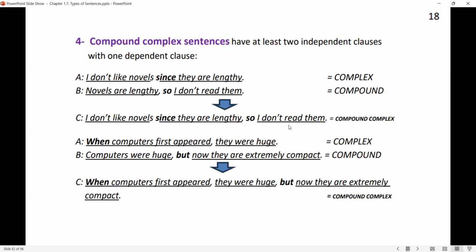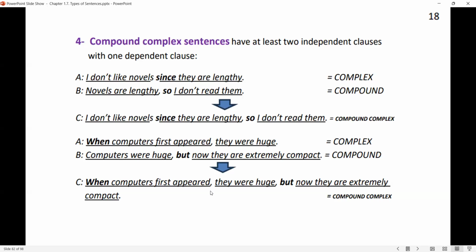We practiced combining actually 4 sentences in the class. So you made compound complex sentences before. So it is the same. When computers first appeared, they were huge. Computers were huge, but now they are extremely compact. Now let's join them and mix them to make a compound complex sentence.